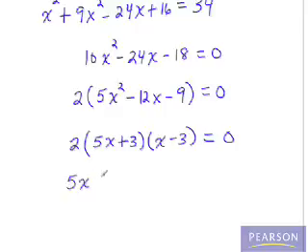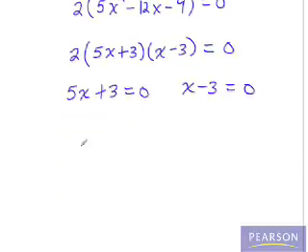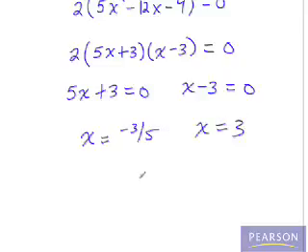So we have 5x plus 3 equals 0, or x minus 3 equals 0. And now we'll get our two x coordinates. First equation, we'll subtract 3 and divide by 5, giving us negative 3/5, and also x equals 3. So we have our x coordinates.